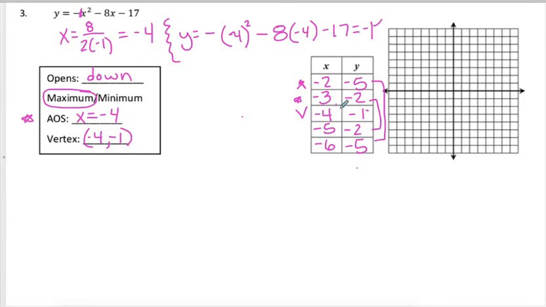So let's go ahead and plot these. We have -4 on x, 1, 2, 3, 4, -1 on y. We have -3, -2, so -3, 1, 2, 3, -2. Symmetry over the vertex here. And -2, 1, 2, -5, 1, 2, 3, 4, 5. Axis of symmetry, pop over here.